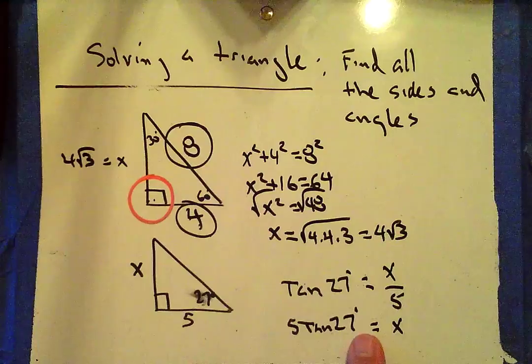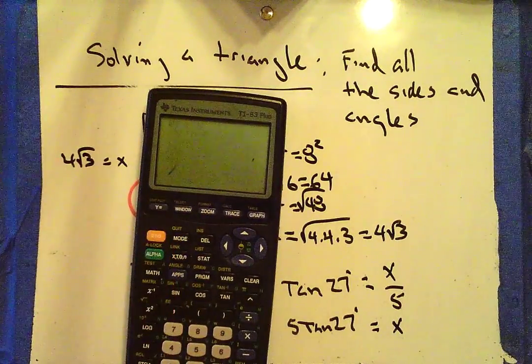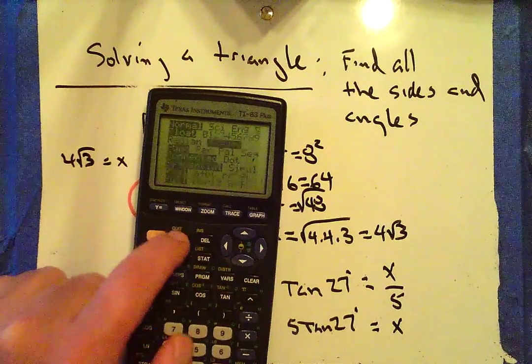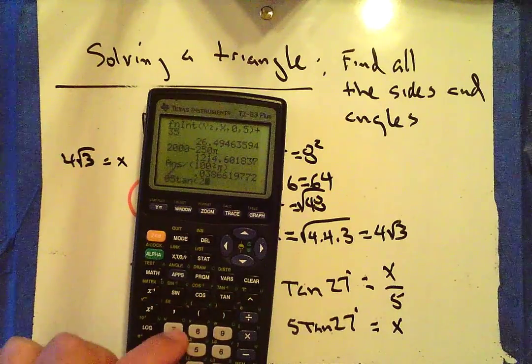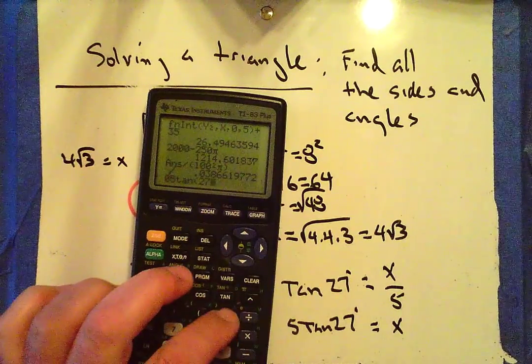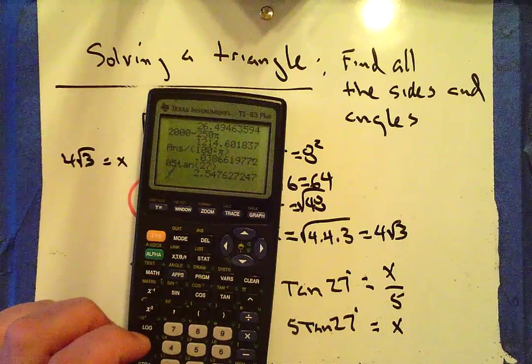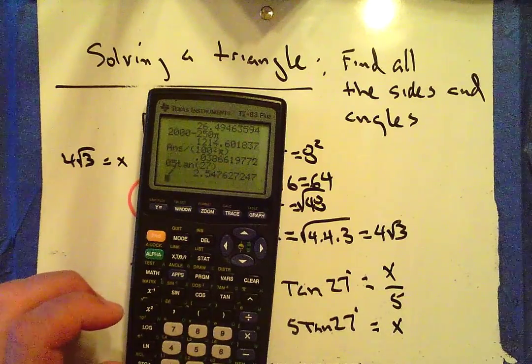I would take out my calculator now and reset the mode to degrees if it's not already. This unit that we're working on is going to be very light on radians. I don't know that we're going to see radians in this unit.